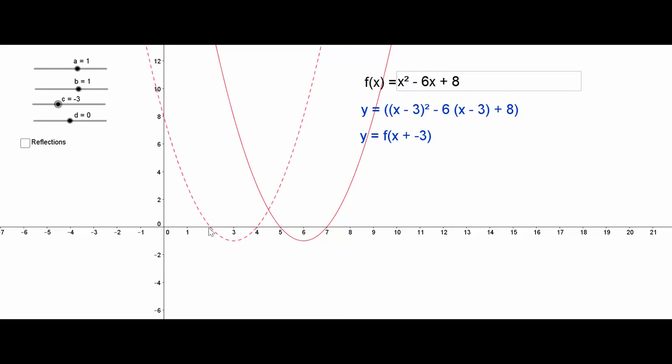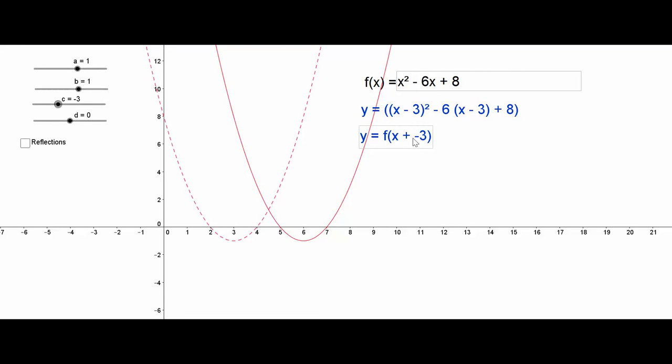We can see, if we just look at the points where the curve crosses the x-axis, the point 2, 0 has moved to the point 5, 0. So that has moved 3, the point 4, 0 has moved to the point 7, 0, that's also moved 3, and the whole graph has moved 3 horizontally.